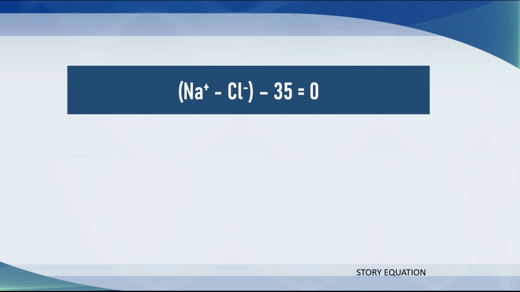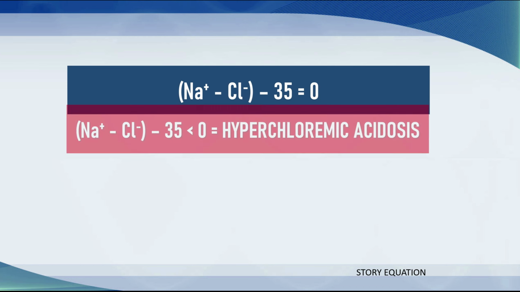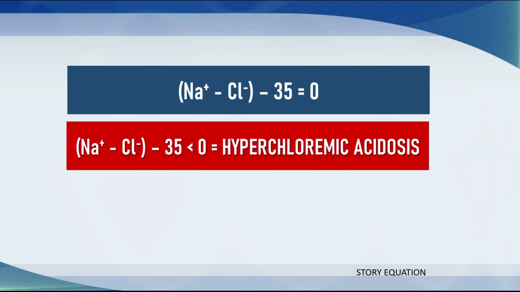This is the Story equation that was developed by David Story, an Australian intensivist, and it's really handy. The sodium minus the chloride minus 35 should equal 0. If the sodium minus the chloride minus 35 is below 0, so maybe it's minus 4, minus 5, there is a hyperchloremic acidosis present.